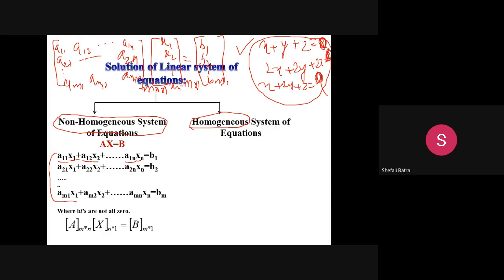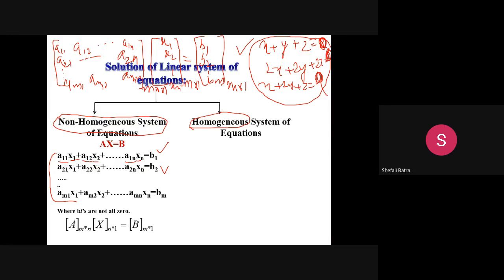It is m cross 1. So when you multiply, a11x1 plus a12x2 plus a13x3 up to a1n into xn is equal to b1. So it becomes your first equation, similarly second and so on. So this linear equation system can be represented in the form of matrix.